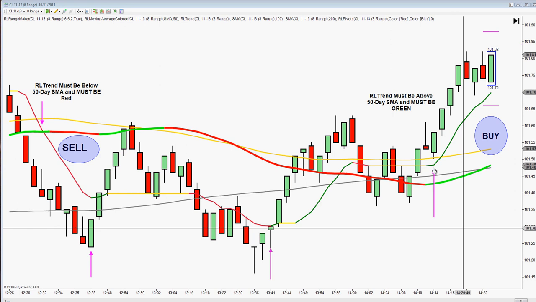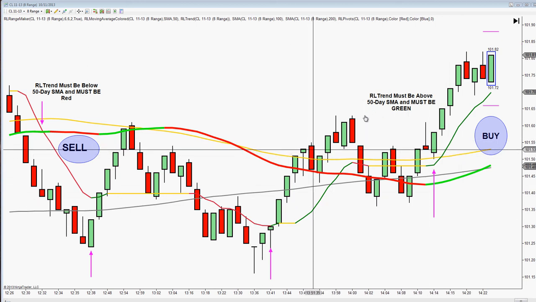Now, I've added in two more critical indicators to help define market structure. And we need all of these indicators in order for us to determine the real low-risk entries. Now, these are simple NinjaTrader indicators.